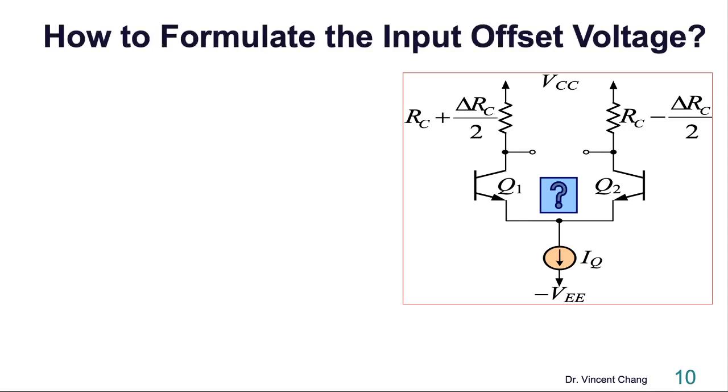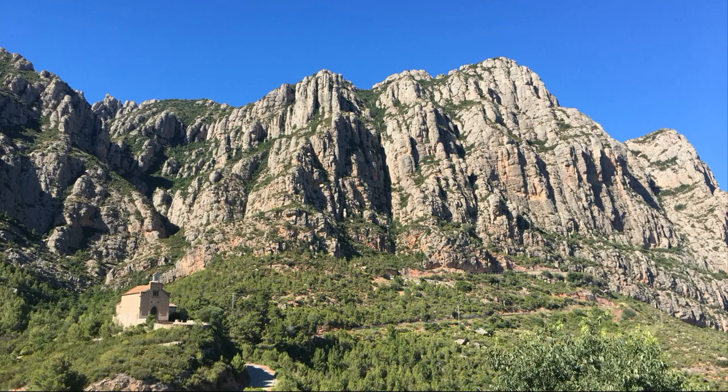So how to formulate the input offset voltage for the differential amplifier? I'll give you 1 minute to think about this before we move on. When you face the differential amplifier, assuming you already learned from the operational amplifier, how do you formulate the input offset voltage? Let's pause for 1 minute.